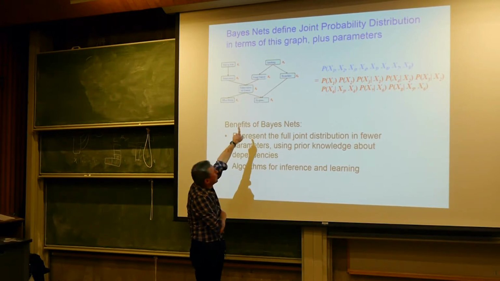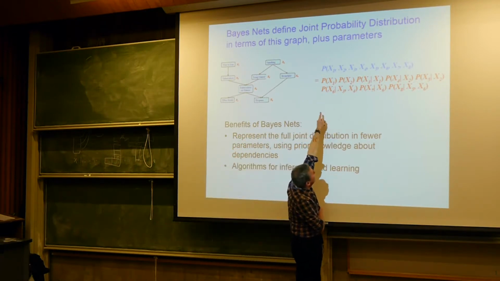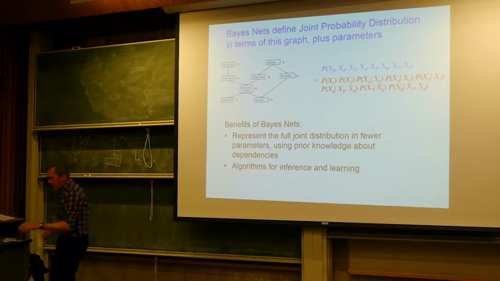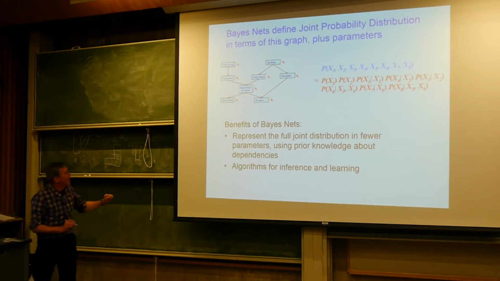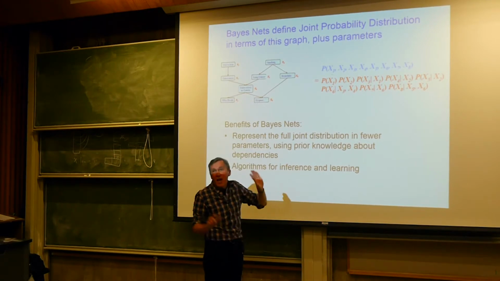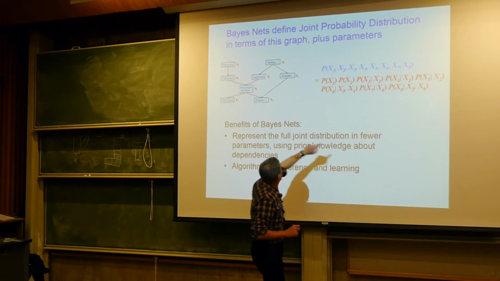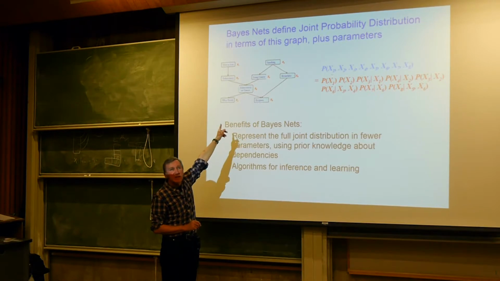But this Bayes net I'm going to interpret as telling me that instead I can factor it in the way shown in red. And if you look carefully at that way shown in red, what you'll notice is all it's saying is that for each variable here, I have one term in my red expression, giving the probability of that variable conditioned on something. And in each case, the thing it's conditioned on is just the immediate parents of it in this graph.